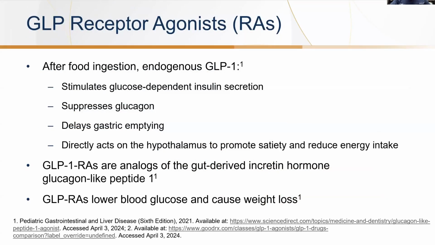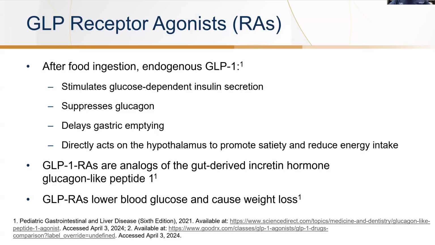So let's discuss GLP receptor agonists. After food ingestion, endogenous GLP-1 stimulates glucose-dependent insulin secretion. It can suppress glucagon and delay gastric emptying. This directly acts on the hypothalamus to promote satiety and reduce energy intake. GLP-1 receptor agonists are analogs of the gut-derived incretin hormone, glucagon-like peptide 1.